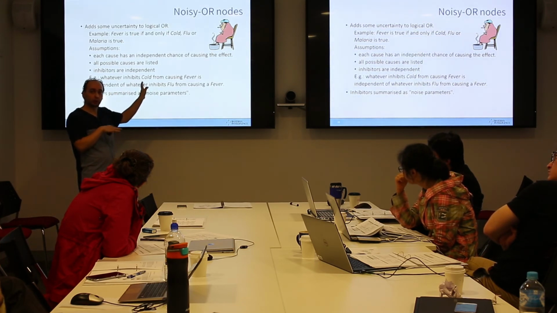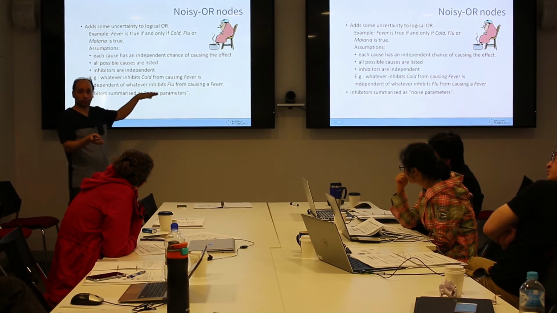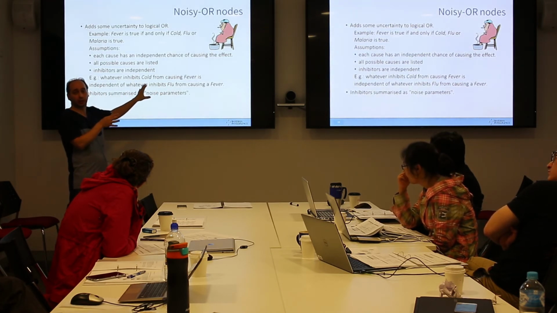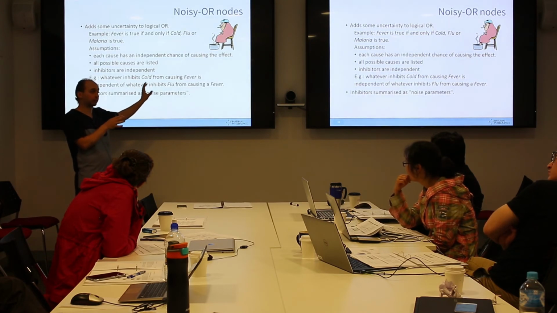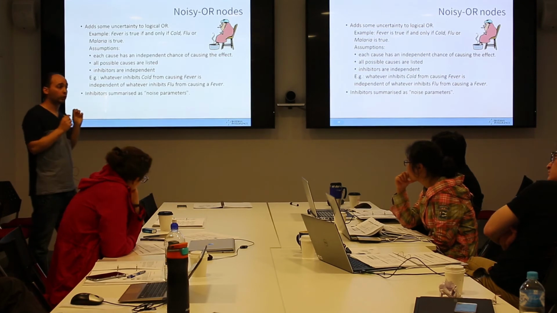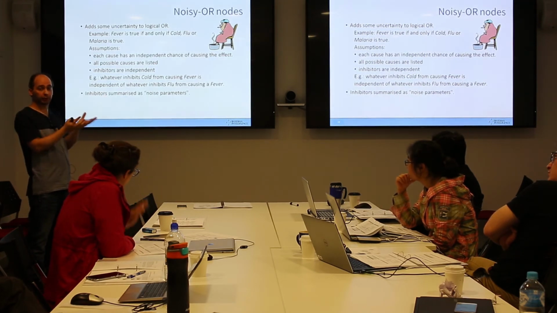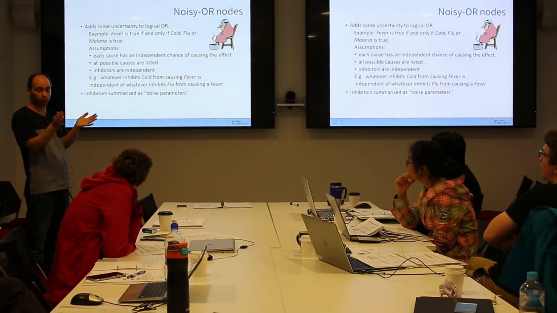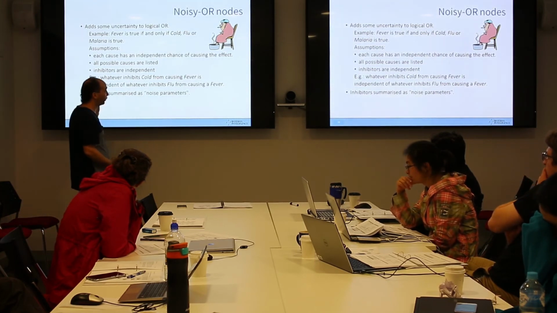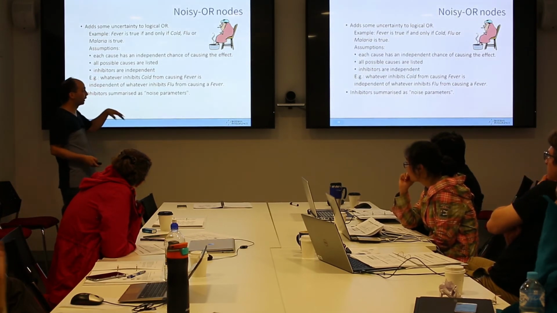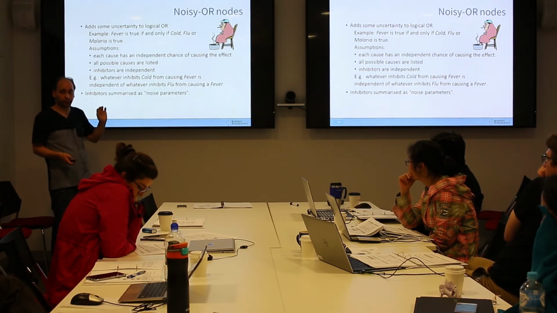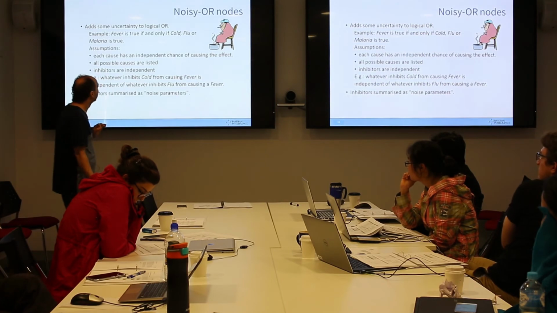Whatever inhibits cold from causing fever, you're assuming is entirely independent of whatever inhibits flu from causing fever. So you're assuming that the inhibitive effects across all of the parents are all independent. And if you assume that, you can summarize everything as just a few noise parameters. If you think about it, you can simplify things a lot if you do this.